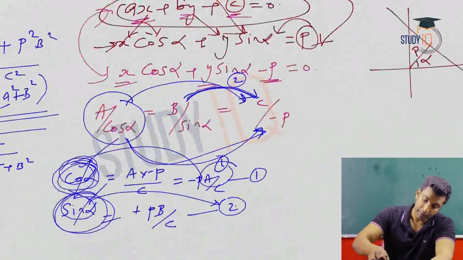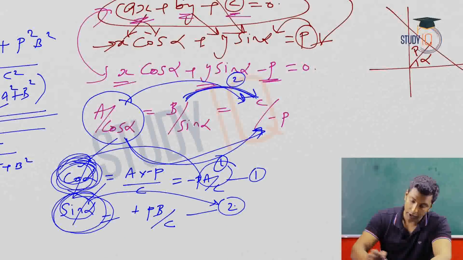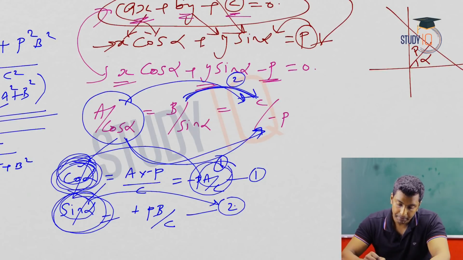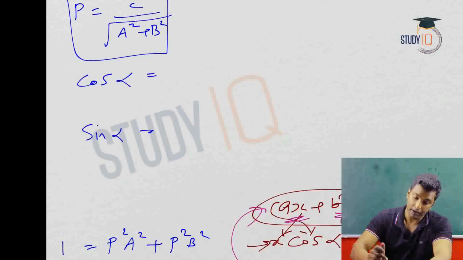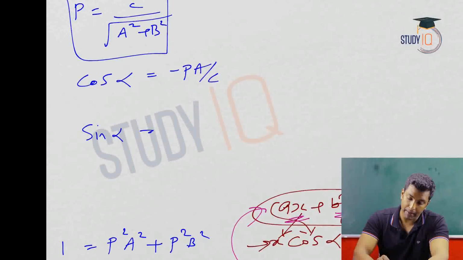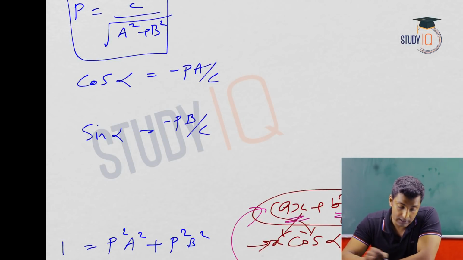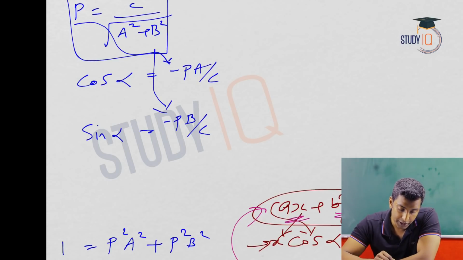What is cos alpha for me? Here I have cos alpha equal to minus pa by c, sin alpha equal to minus pb by c. What you can do is substitute this p over here and substitute p here.